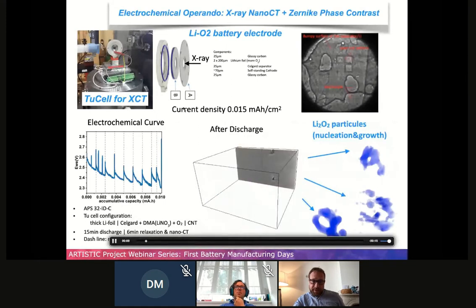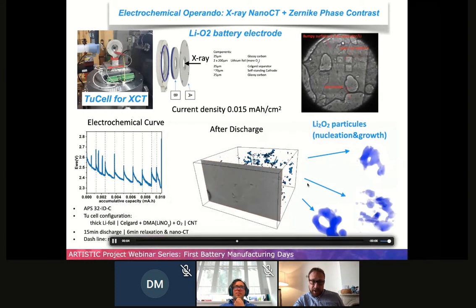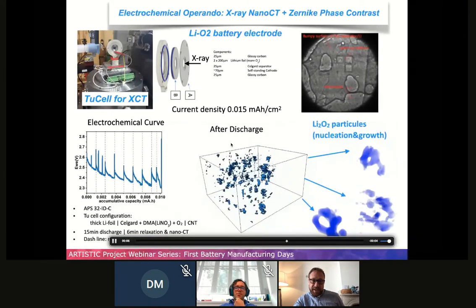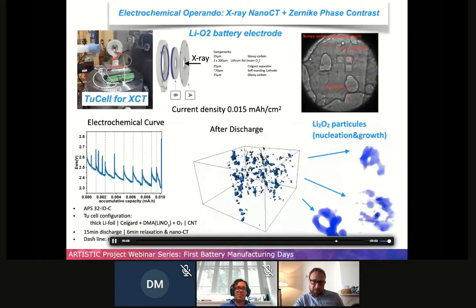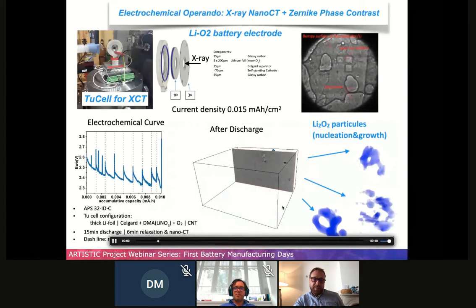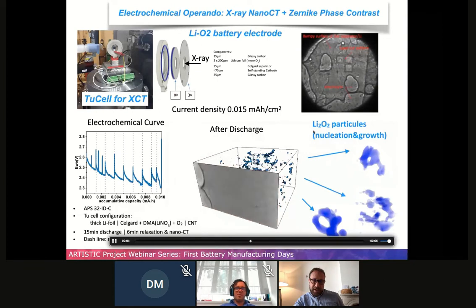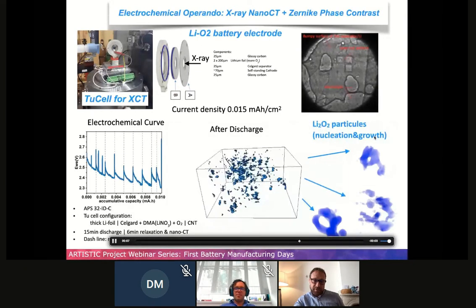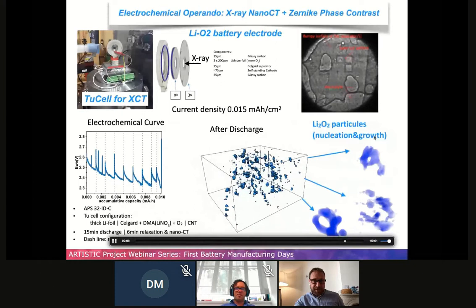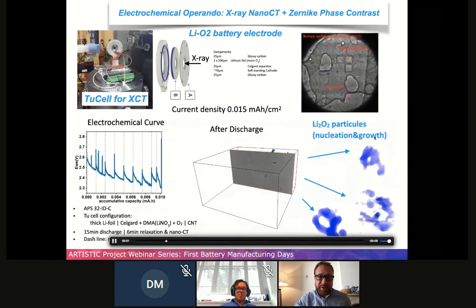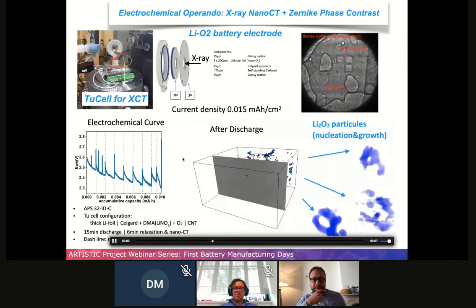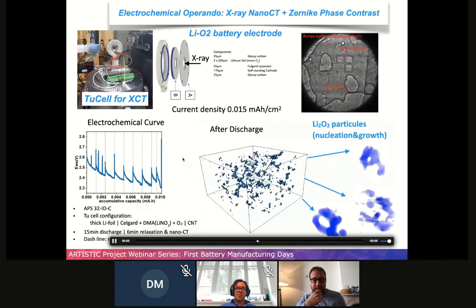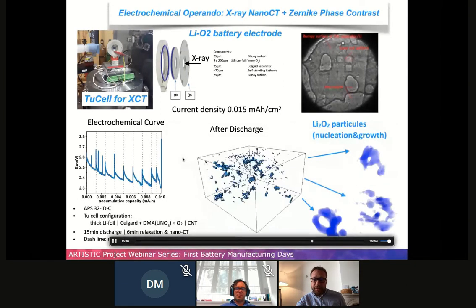But the current density we use is very low, so we suppose that we are at the very early stage of the reaction. So what we see here seems to be close to the first stage of nucleation and growth. This is the first example of monitoring by operando experiment of this kind of Li-O2 system.